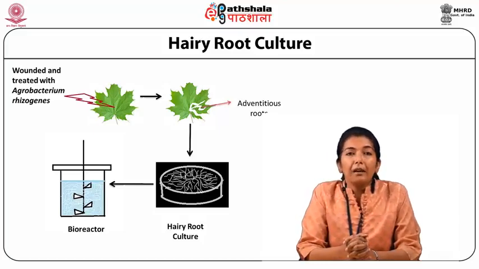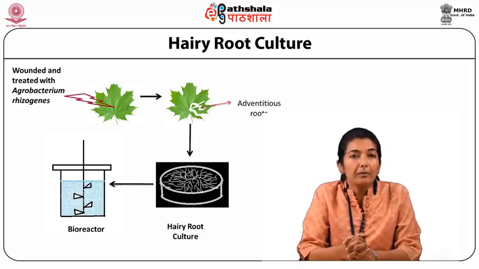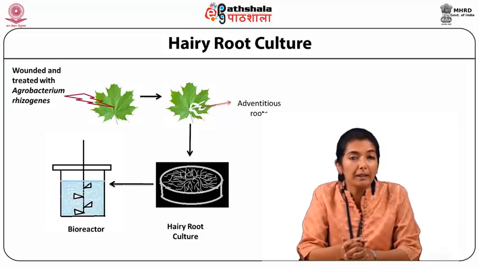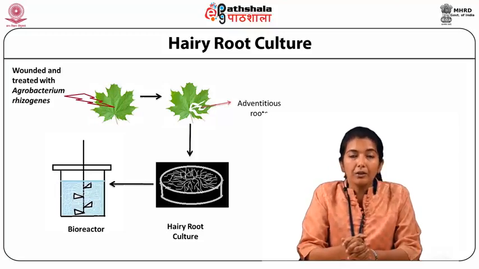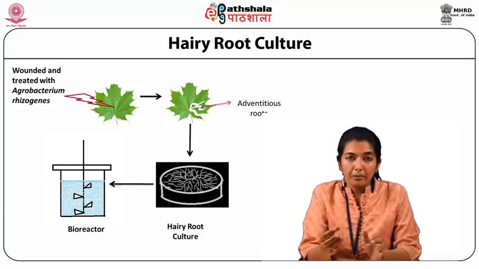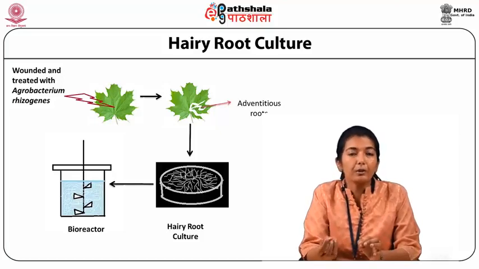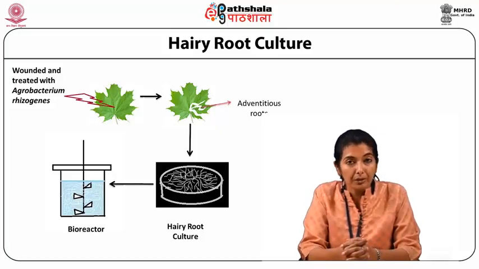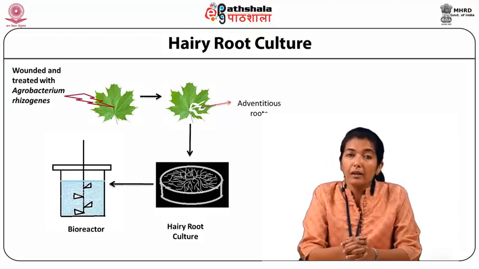After we have wounded and treated our tissue with Agrobacterium rhizogenes, we incubate it under ideal culture conditions on the ideal culture medium, so that the tissue starts producing adventitious roots. Once we see adventitious roots coming out of that particular tissue, our next stage is excising that part which is showing adventitious roots emerging.